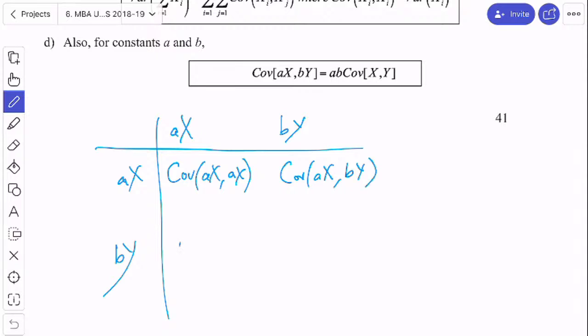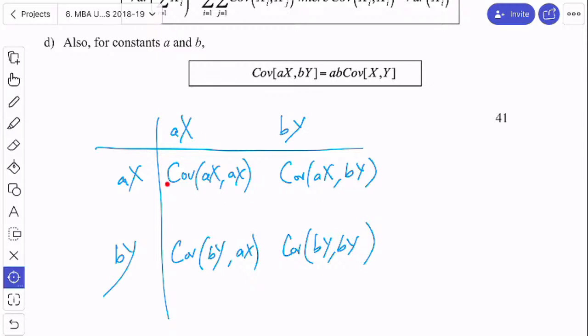If you have to go, go ahead. You guys can finish watching later. BY with AX and the covariance of BY with BY. So what does this mean? This is the covariance of AX with AX. So what does that look like?